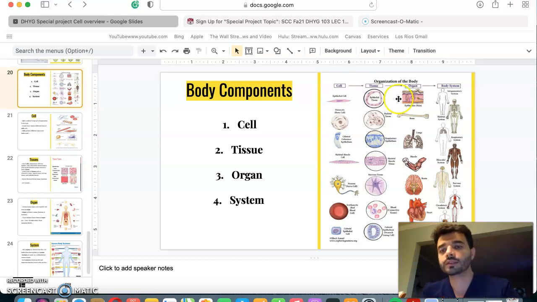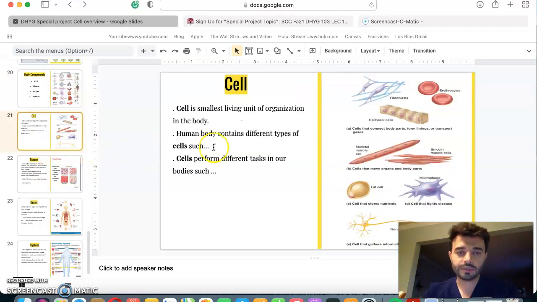If we check on the right side of the slide, there are examples of each: different cells, different tissues, different organs, and body systems. So let's go through them one by one. Let's start with the cell. A cell is the smallest living unit of organization in the body.